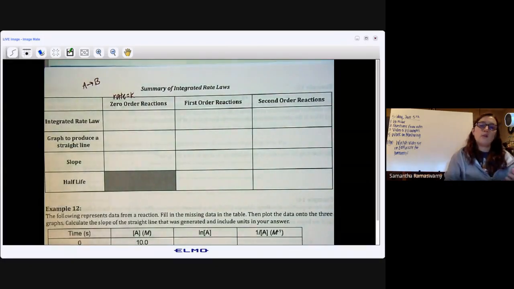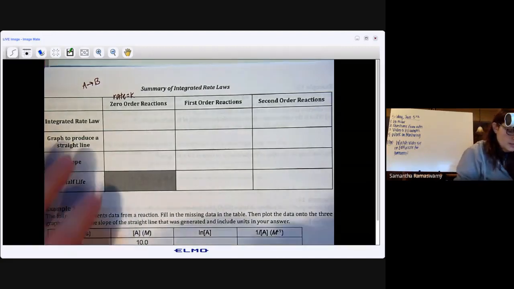So if it's a zero order reaction, the rate law is just rate equals k. Now the integrated rate law, this is on your equation sheet. I'm going to write it a little bit differently than how it looks on your equation sheet, but it is the same thing. I'll show you why I'm writing it like I am when we talk about the graphs.